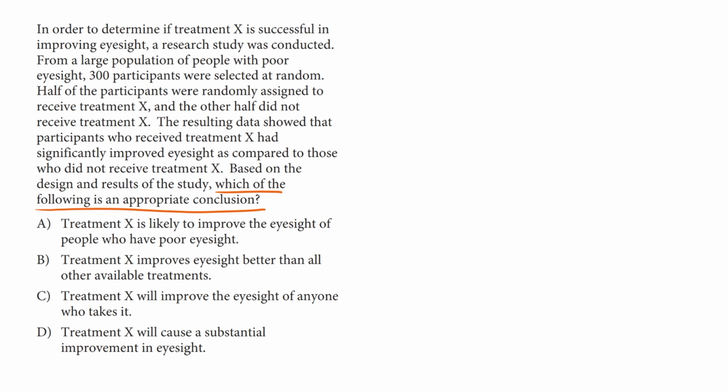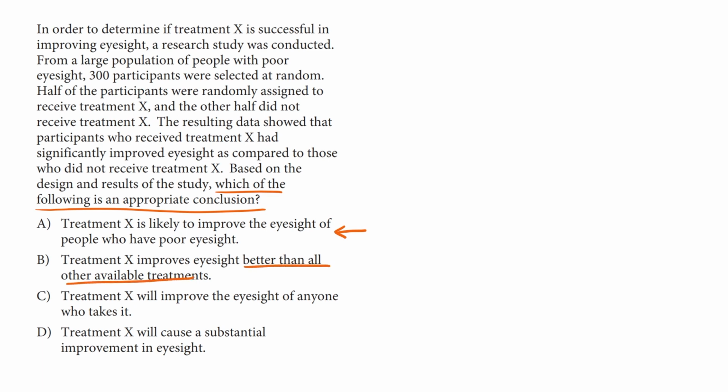So A says treatment X is likely to improve the eyesight of people who have poor eyesight. B says treatment X improves eyesight better than all other available treatments. C says treatment X will improve the eyesight of anyone who takes it, and D says treatment X will cause a substantial improvement in eyesight. So there's a few things. A is most likely our answer because it doesn't take any other assumptions. B says better than all other treatments.